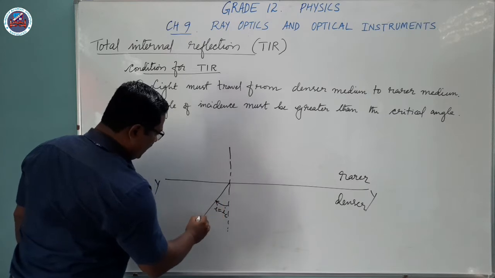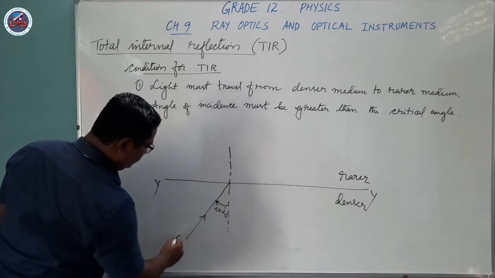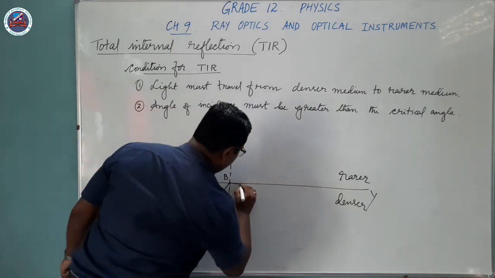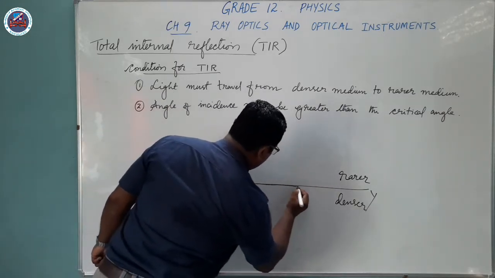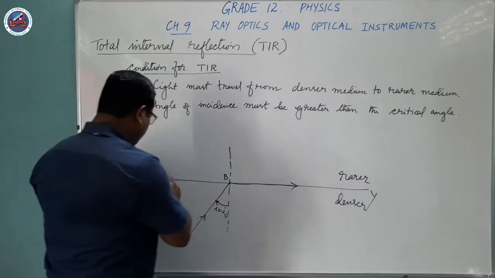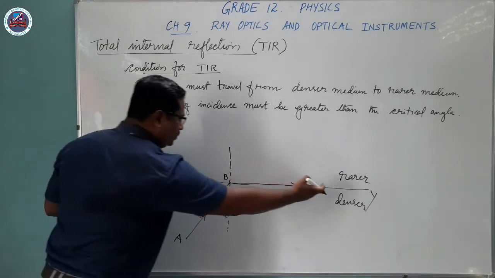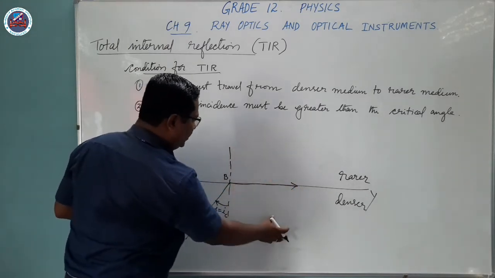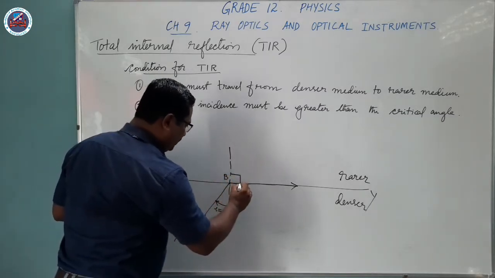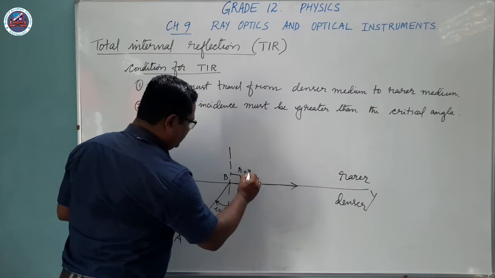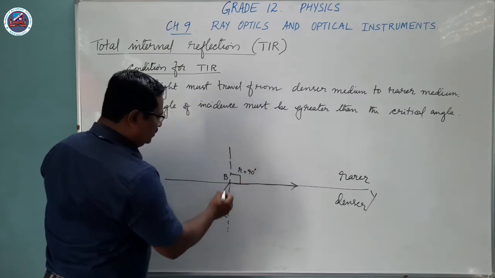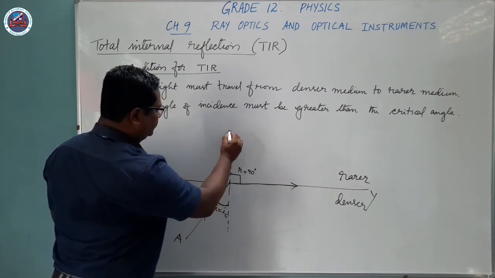Then the light ray that travels from A to B, suppose this point is B, must undergo refraction on the surface of the interface XY separating the two media, rarer and denser. Here the angle of refraction must be exactly 90 degrees. Then that angle of incidence is called the critical angle that you have learned in the earlier topic.